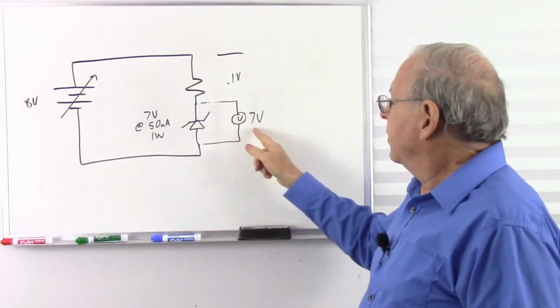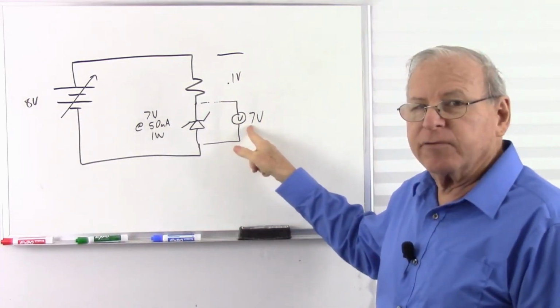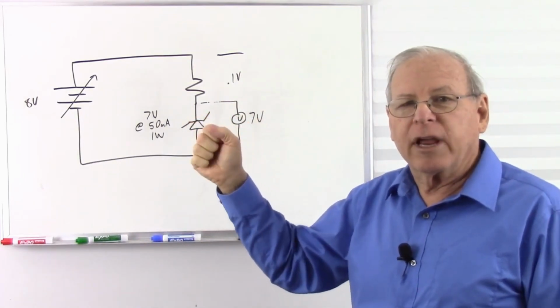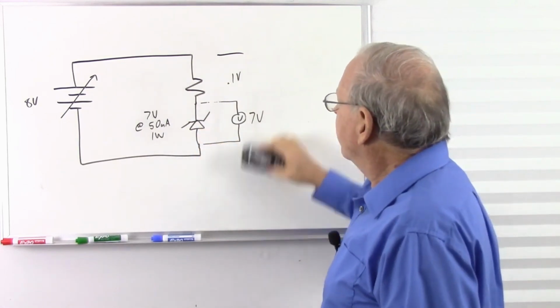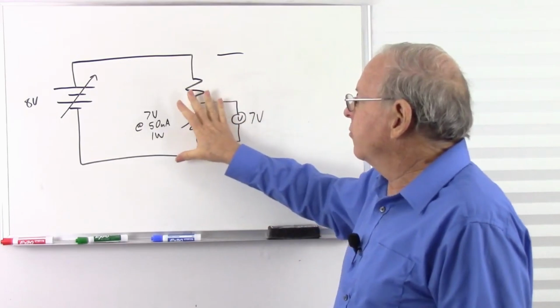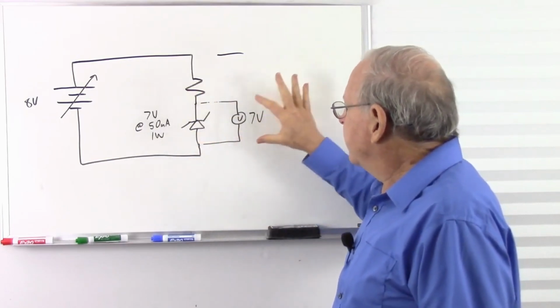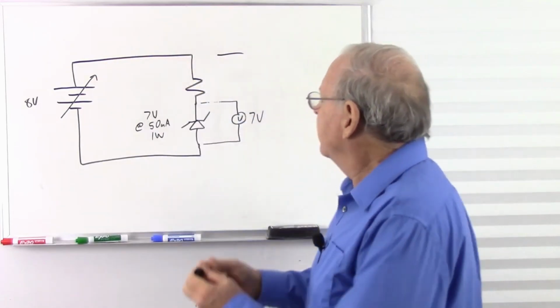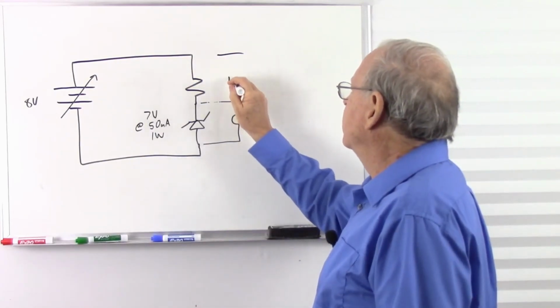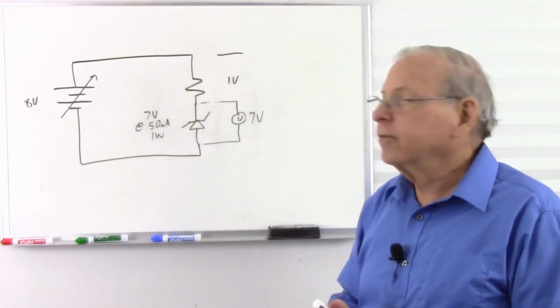Now what's going to happen? This is going to go up above 7 volts. The little green man is going to crank his resistance down until it's 7 volts. And once again, that's going to balance out the circuit so that we have 7 volts here. 7 plus this must add up to 8. So we'll simply have 1 volt across our resistor.